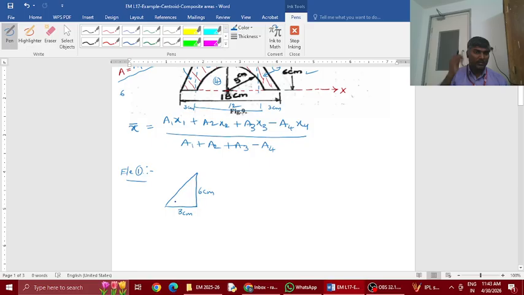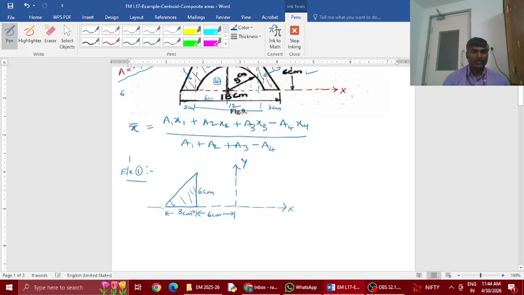Locate the axis: the x-axis is passing through the base, and the y-axis is at a distance. This total is 12, and this is at the midpoint, so 6 centimeters. So the y-axis is at 6 centimeters from here. This is the y-axis, this is the x-axis. This is 6 centimeters, whereas this is 3 centimeters. This is element 1 now.